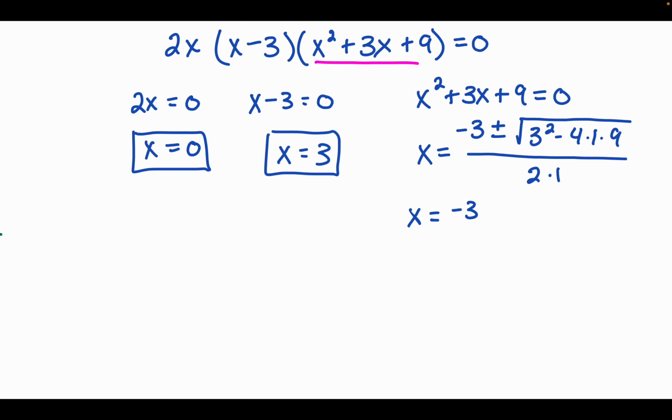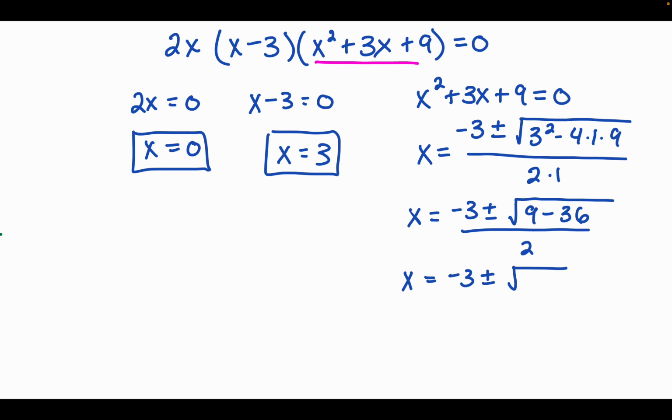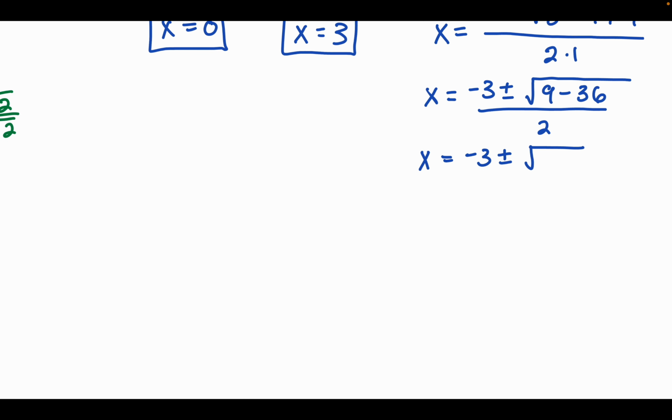And now we just need to simplify. So 3 squared is 9, 4 times 1 times 9 is 36. So we're going to get negative 3 plus or minus the square root of 9 minus 36 would be negative 27 all over 2.